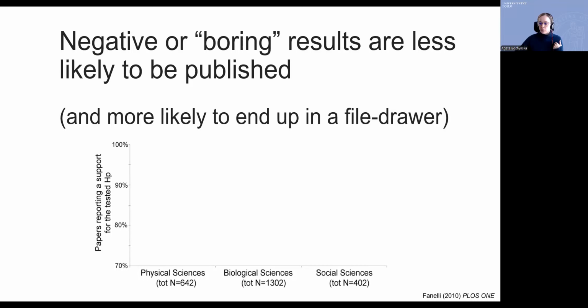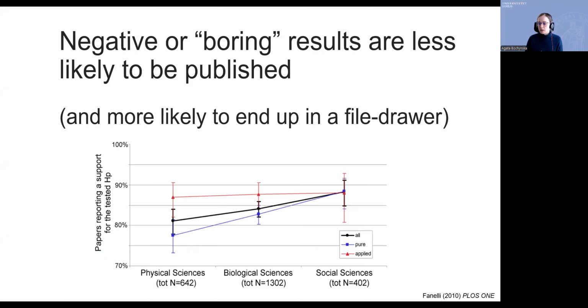This is this issue where, across different disciplines, and here we have a study that looked at physical sciences, biological sciences, social sciences, and for huge numbers of published studies in these fields, we have a really high percentage of papers reporting a positive result.